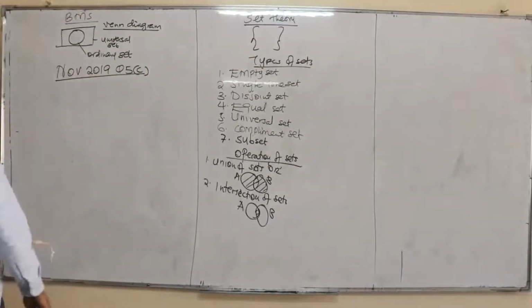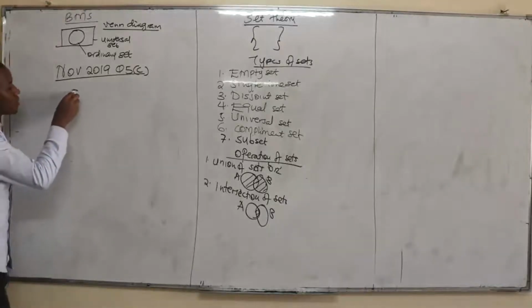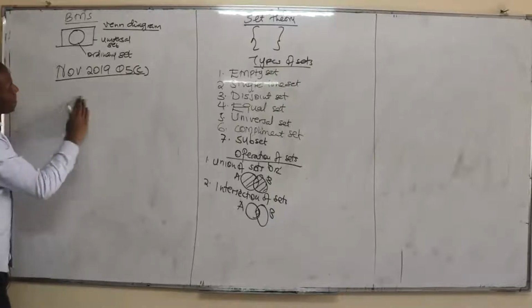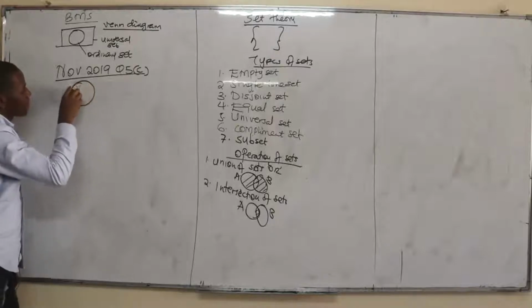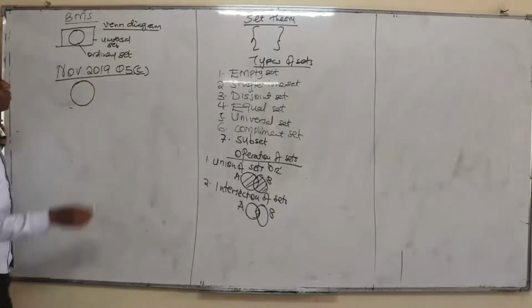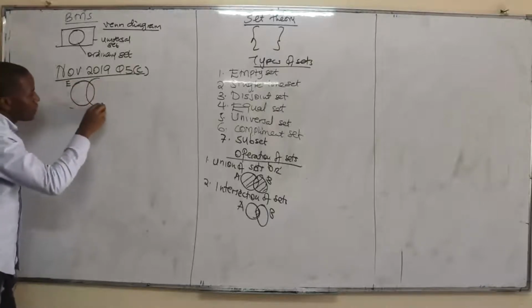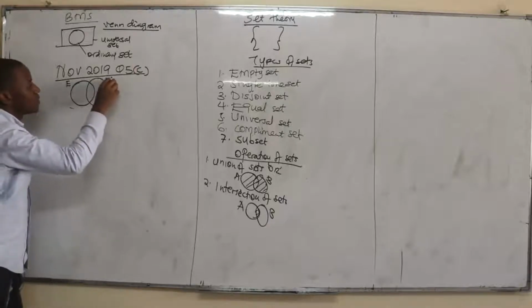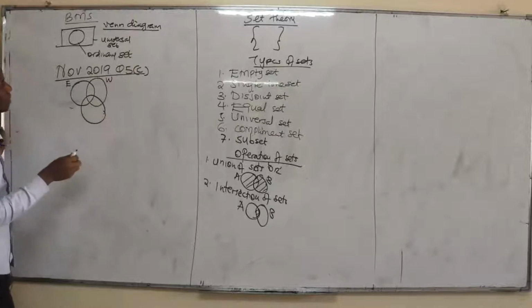In that case, you take your pen and draw these circles. We have that one, that is for the Eastern region. We also have one for the Western region and one for the Southern region.